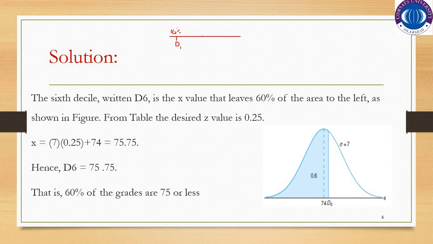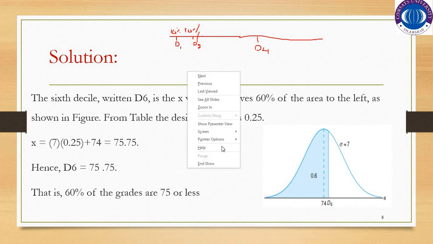D2 has 20% area below it, with 10% between D1 and D2. D4 is a point which has 40% area below it, and D6 is the point below which is 60% of the area.